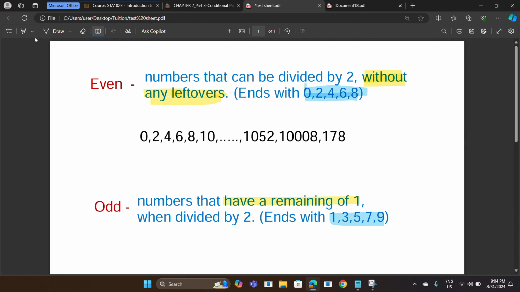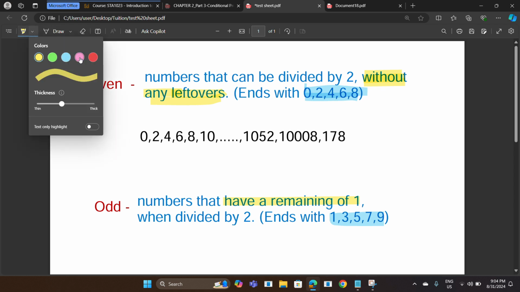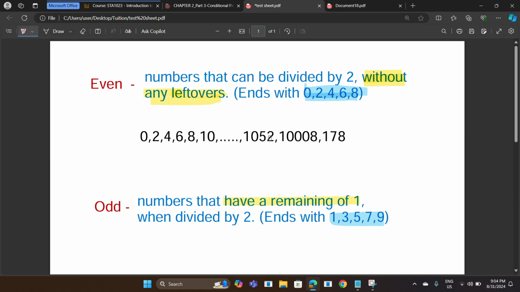See, the end digit is 0. The end digit of the number is one of these 5 numbers. Because of that, we can say this number is an even number.